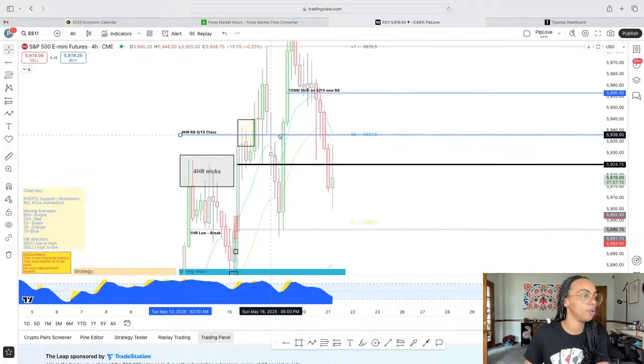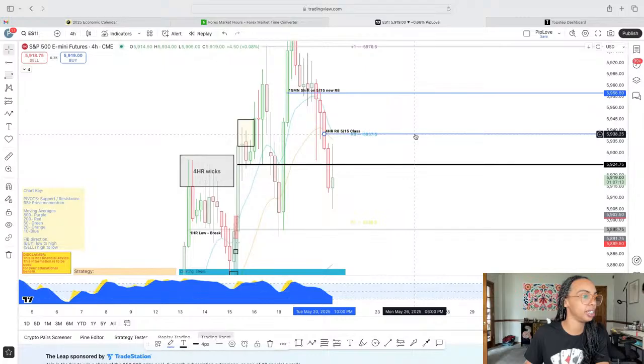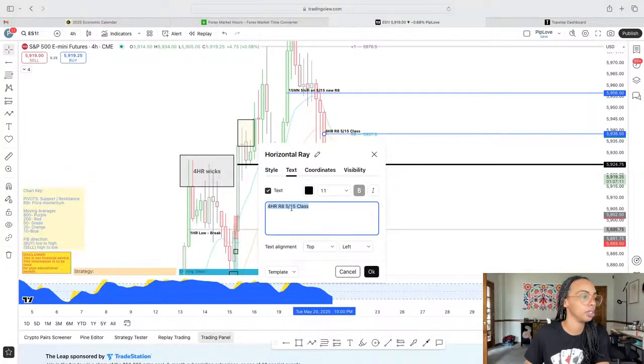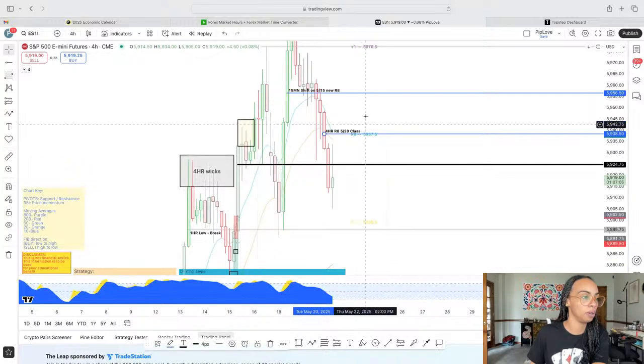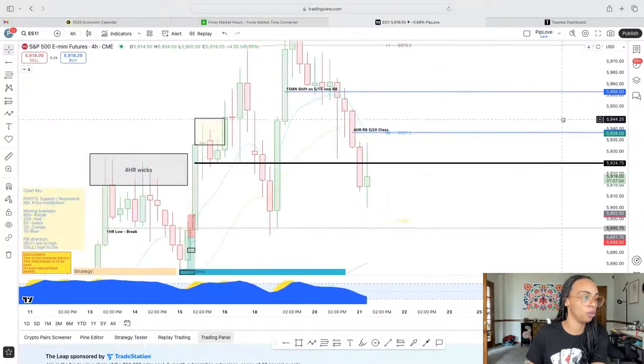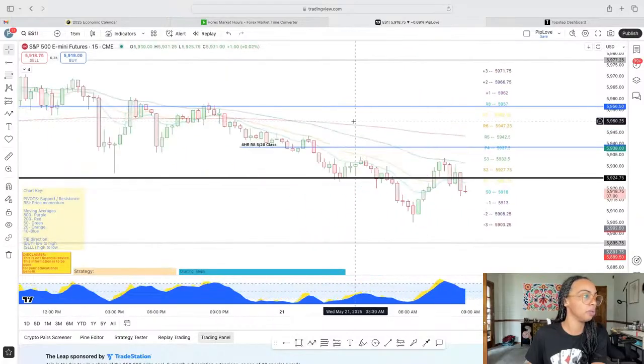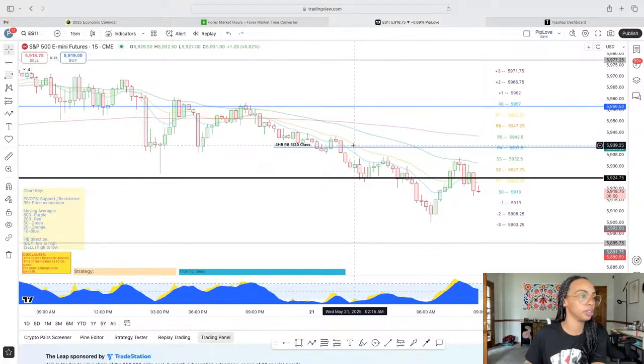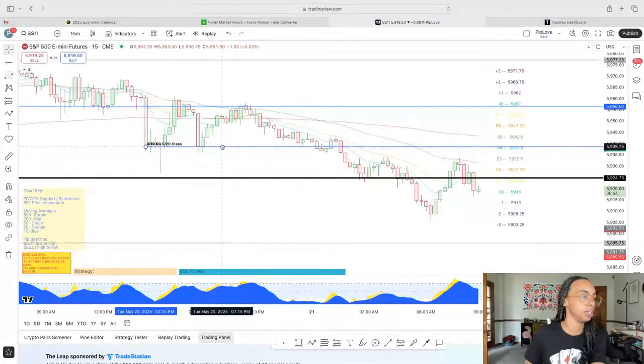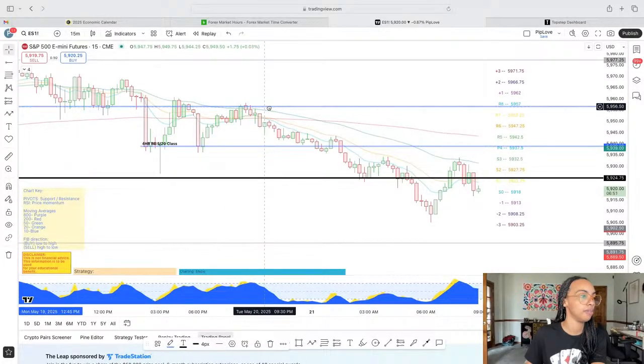Alrighty, so our 4-hour R8 is right here. And this is our 520 class, just so that when we're back testing and going over what happened in class next week, we can know where our pivot levels were.